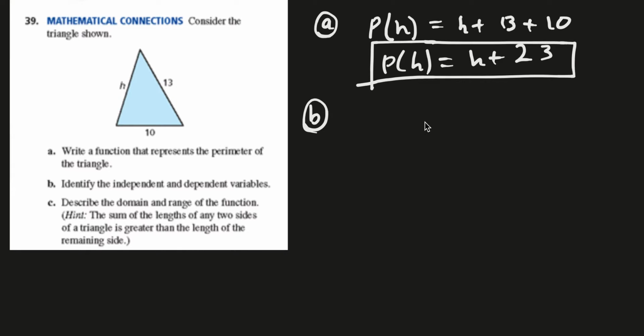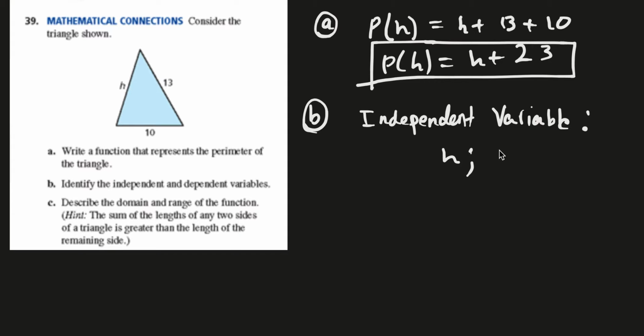Okay, let's look at part B. Part B says identify the independent variable. The independent variable is going to be the h value, which is the length of side 3, I guess you could say.